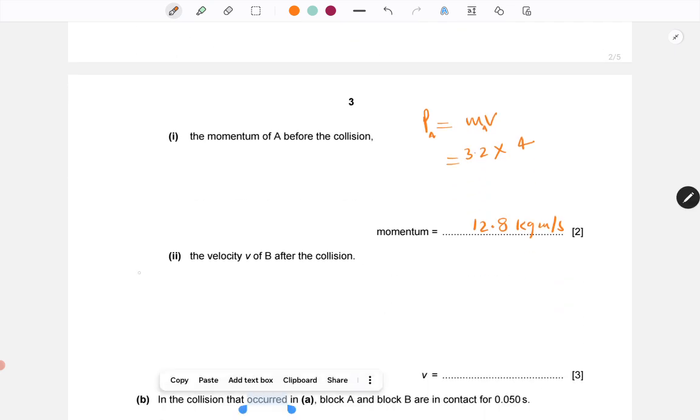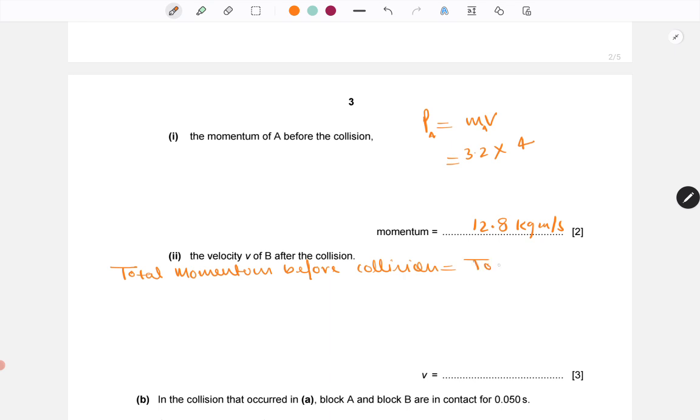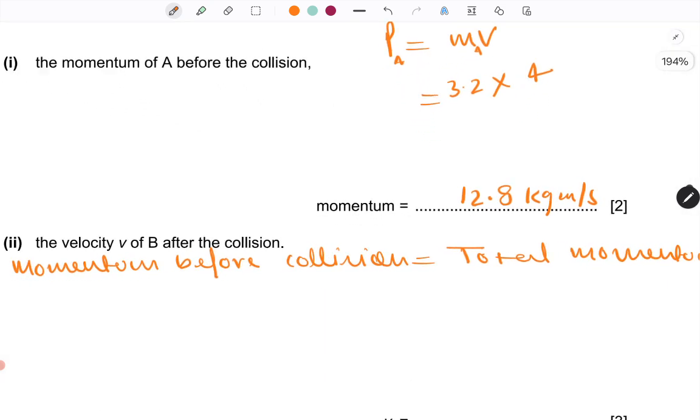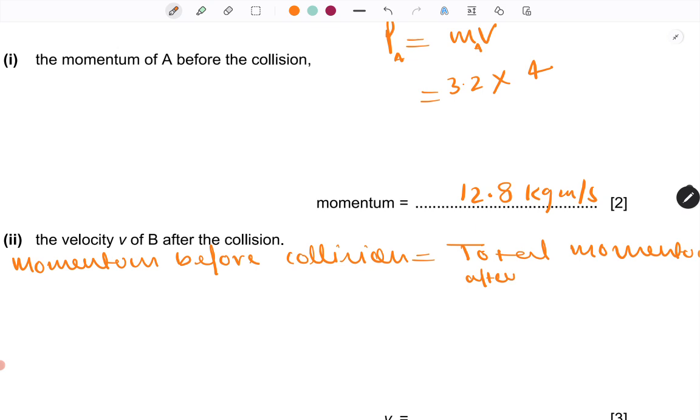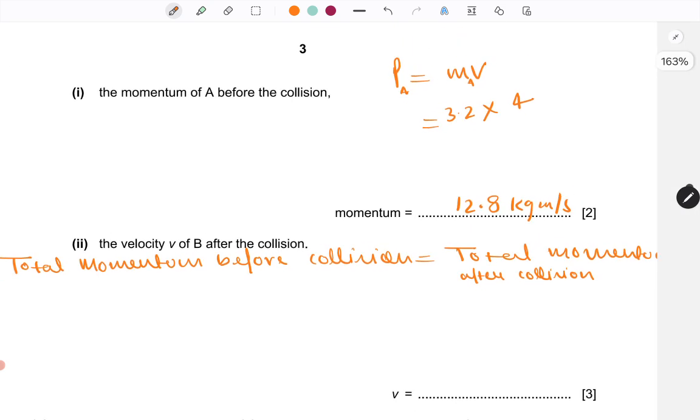First, let's recall the statement of conservation of momentum: total momentum before collision is equal to total momentum after collision. This is the statement of conservation of momentum.